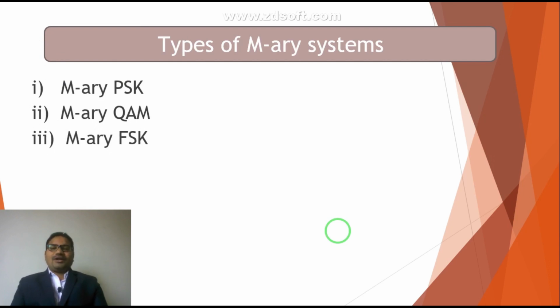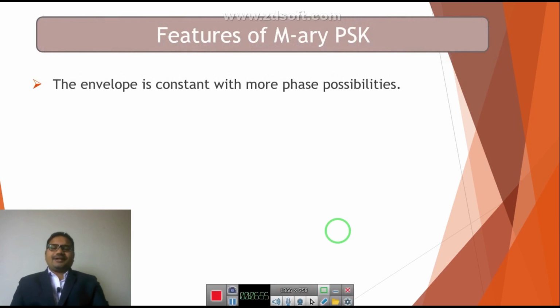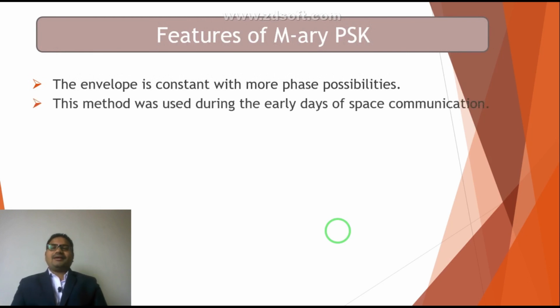So as I told, today we are going to discuss M-ary PSK. Now, what are the features of M-ary PSK? The envelope is constant with more phase possibilities. Second, this method was used during the earlier days of space communication.